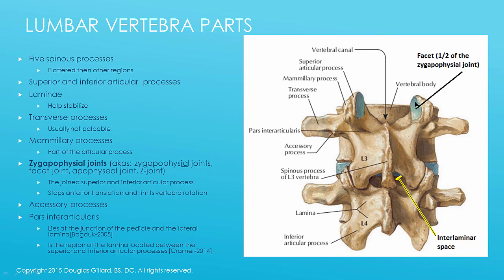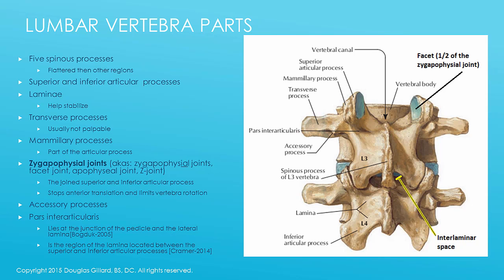For our midterm for gross one, remember there's facets on the tibial plateau, and there's facets down in the ankle. There's facet joints everywhere. So not a great term, but unfortunately the literature is just full of the word facet. So I like the word Z joint or zygapophyseal joint better. But what are we going to do?